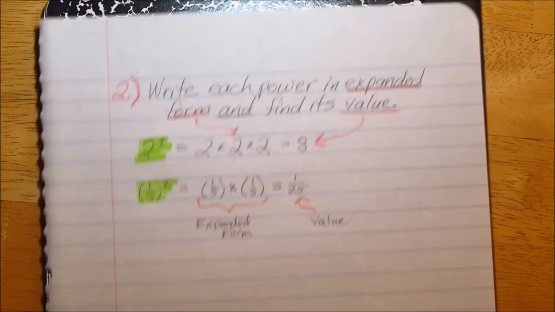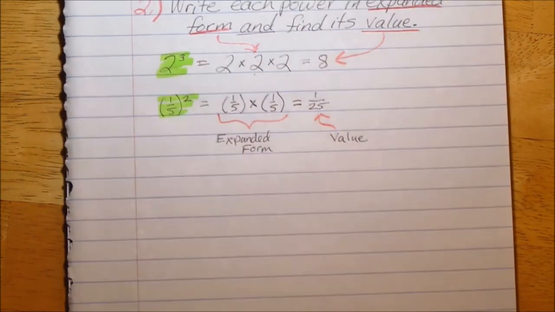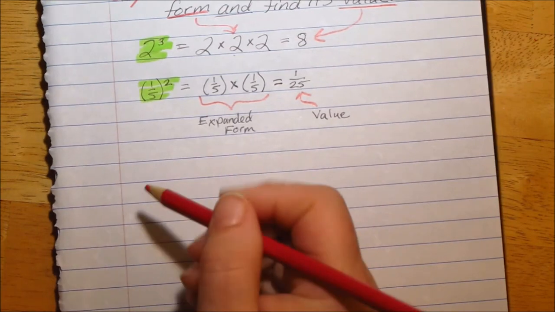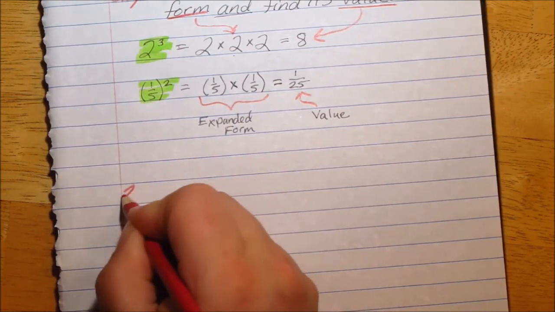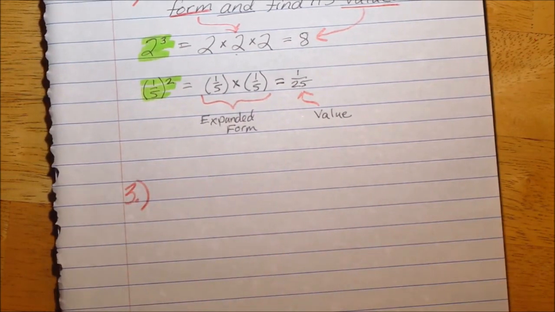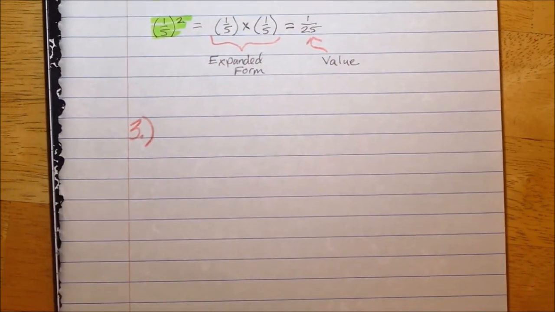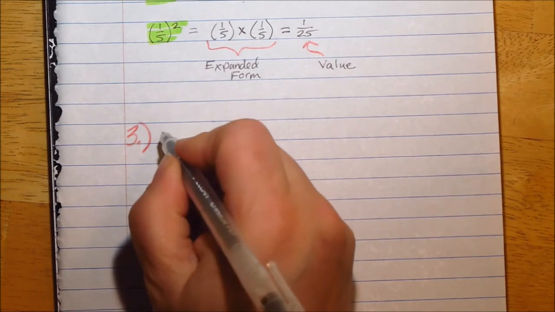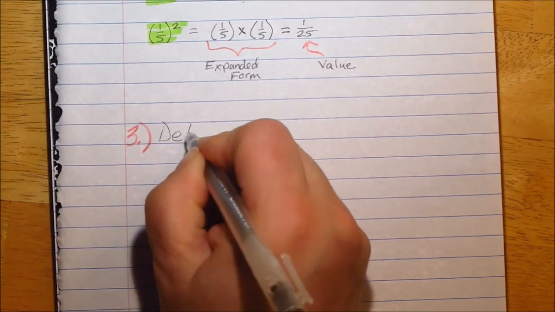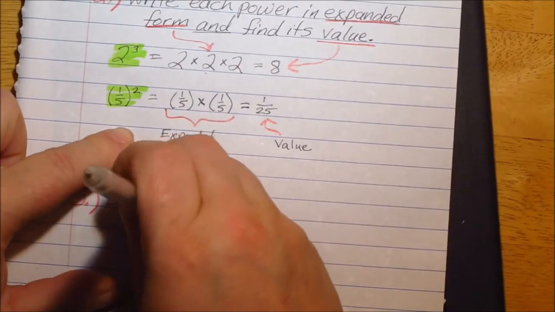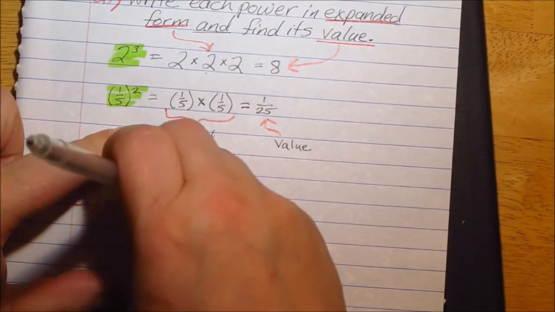Now, there's one more kind of problem that you'll see in this lesson, and so we'll do a simple one of it. Number 3. The instructions will say, determine which power has the greater value. I don't know how to spell determine, truly I do.